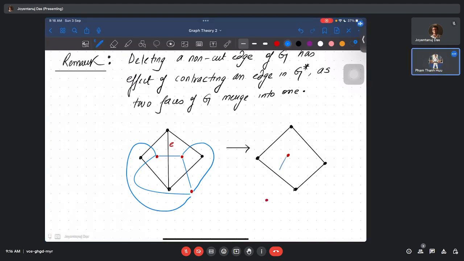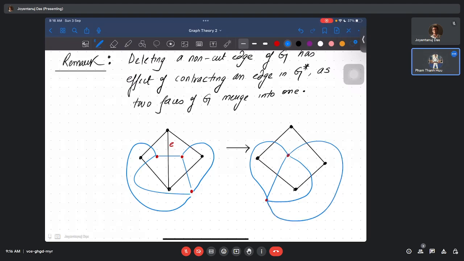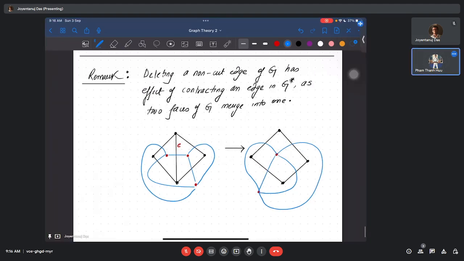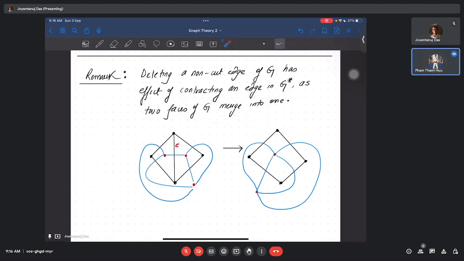And this will be your dual graph. So what happens is that these two faces actually merged into a single face. So in the dual graph, these two vertices get merged into a single vertex. That is what they are saying, right?